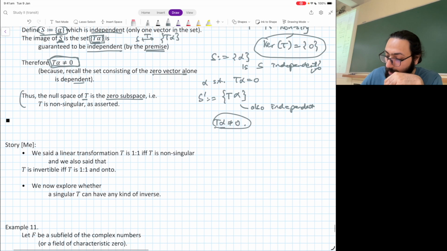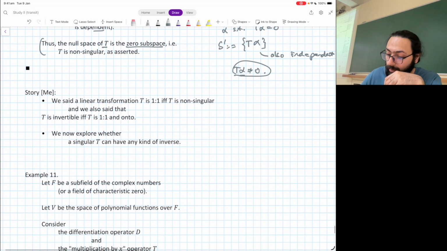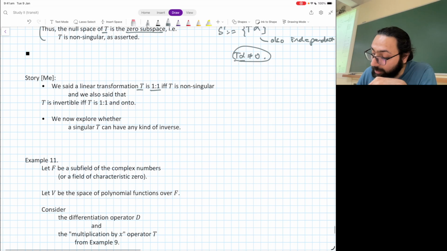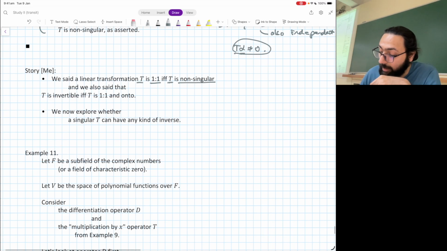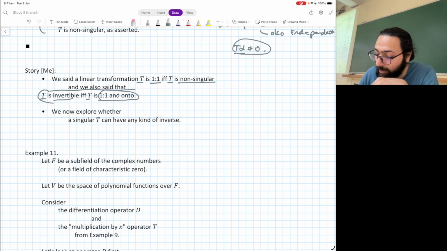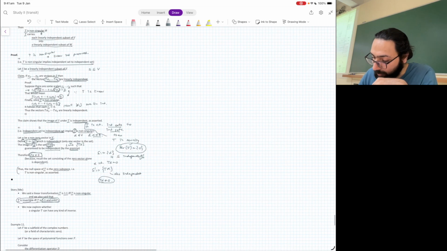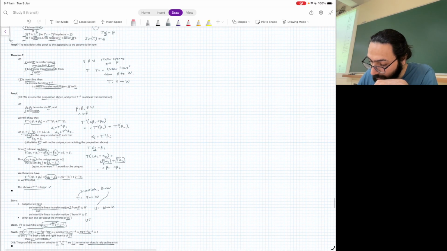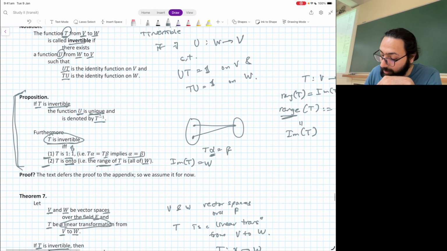Okay, so let's continue then. We said that a linear transformation T is 1-to-1 if and only if T is non-singular. And we also said that T is invertible if and only if T satisfies these two properties. This was one of the propositions, let me remind you quickly. Yes, this proposition is the one I'm talking about.